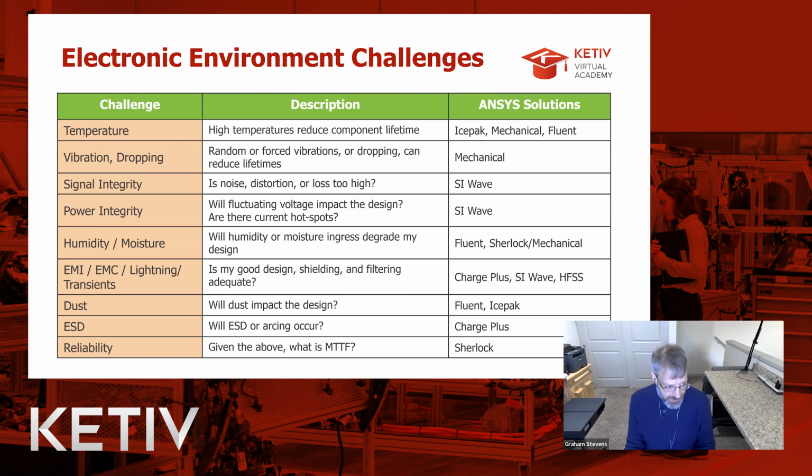On the electronic side, for signal integrity and power integrity, if you're looking at noise, distortion, or losses of signals going from one place on your board to the next, or at voltage fluctuations or hotspots, SIwave is a tool that examines PCBs for those issues.